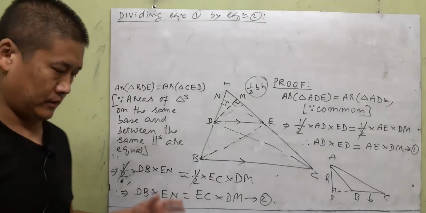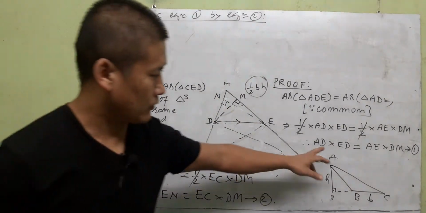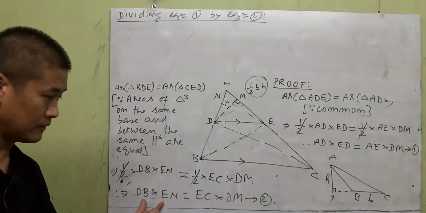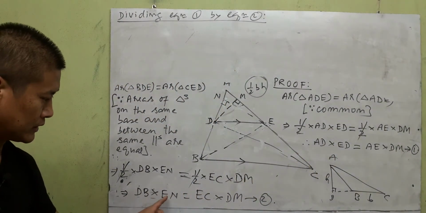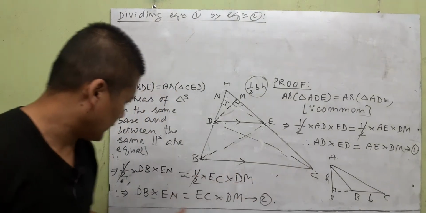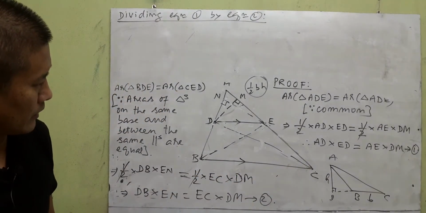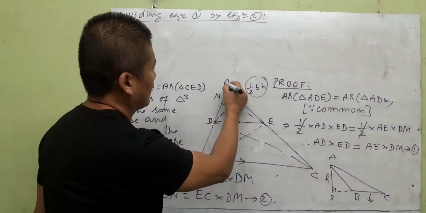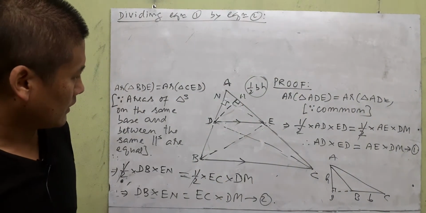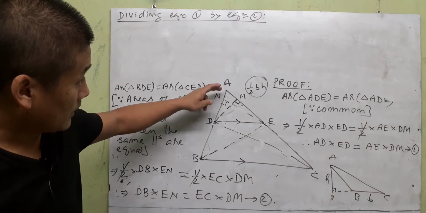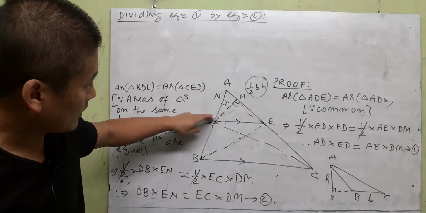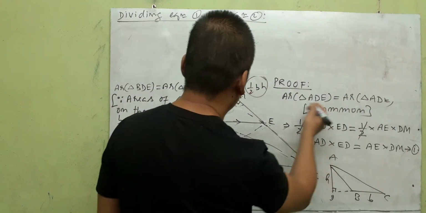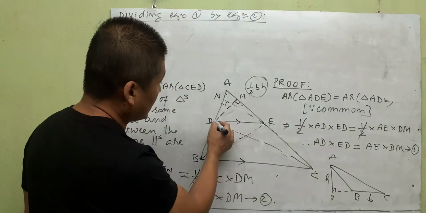Equation 1 divided by equation 2 means the left hand side of equation 1 divided by the left hand side of equation 2. Then we will see, so AD into... sorry, we have to correct slightly here, ADE into EN.